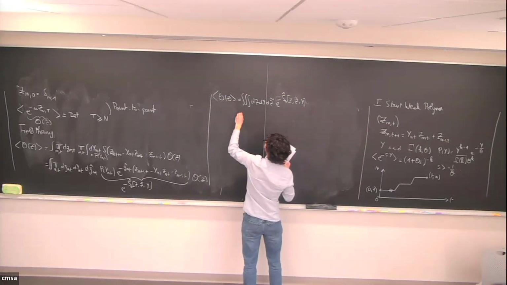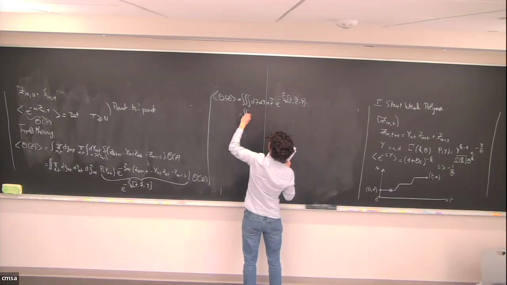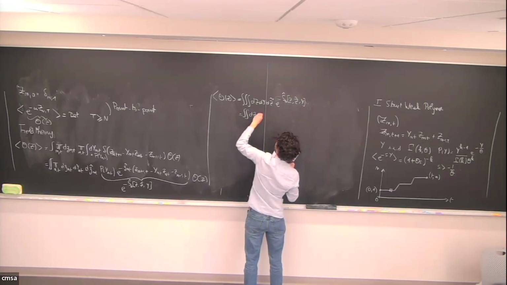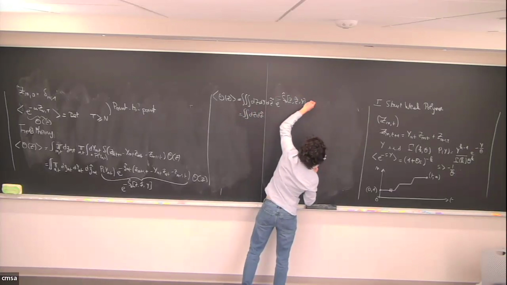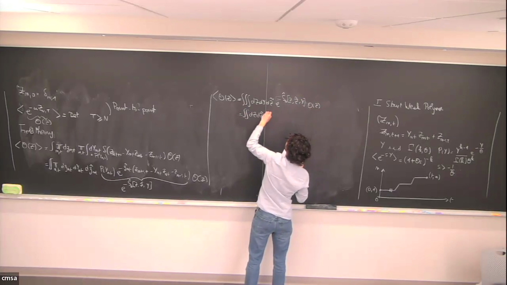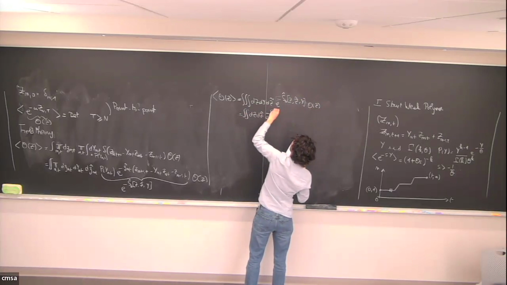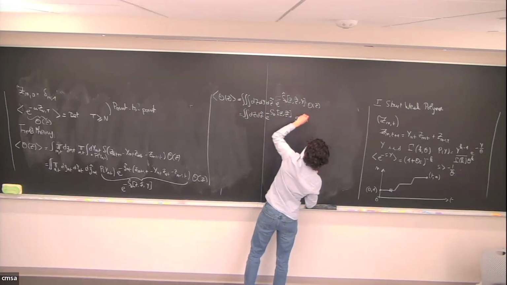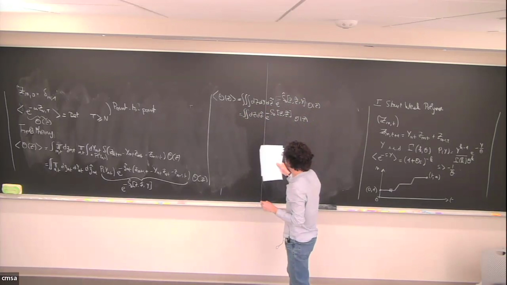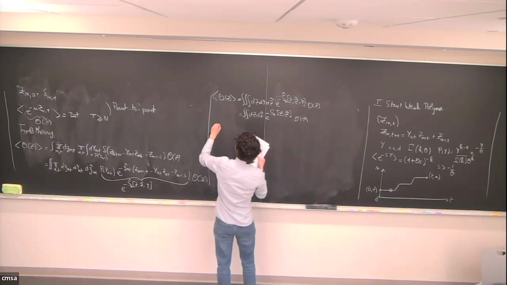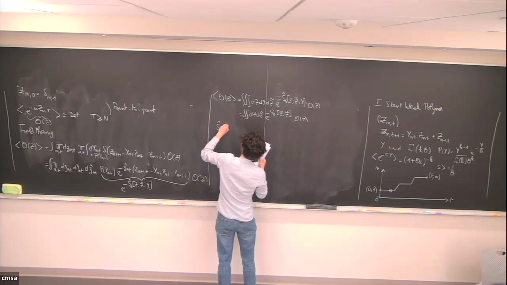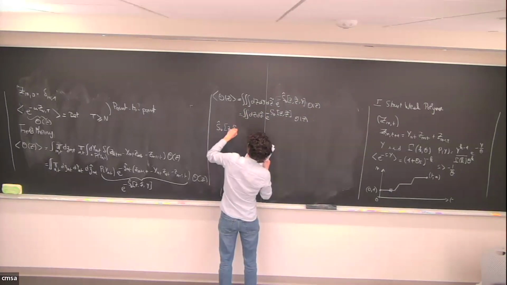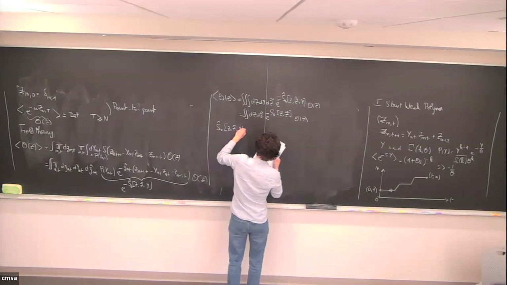And if I'm able to actually compute the marginals over y, I'm going to rewrite this as the integral dz tilde of exponential minus S naught of z tilde against my observable.